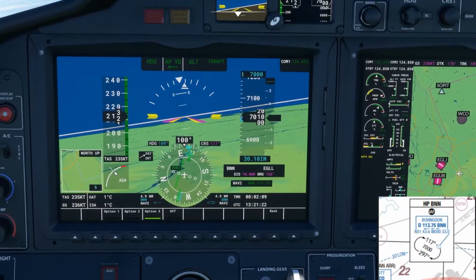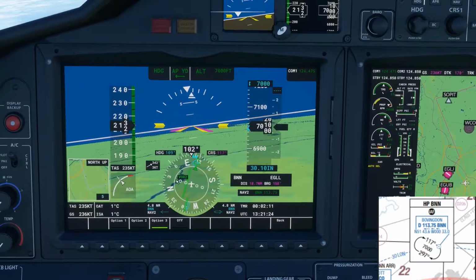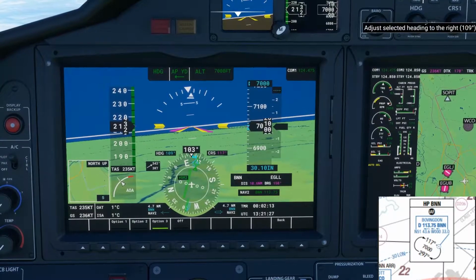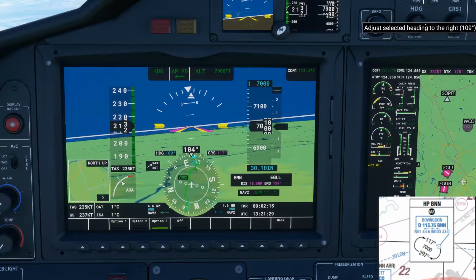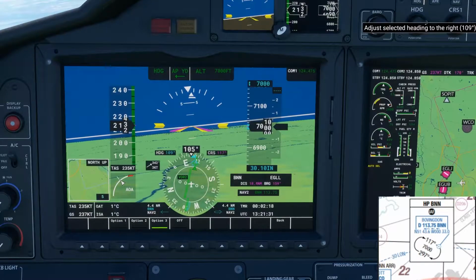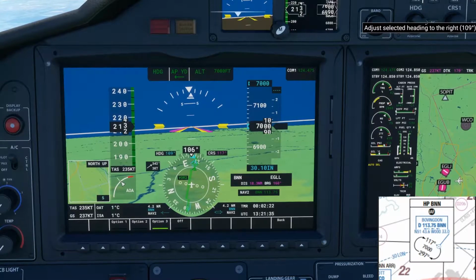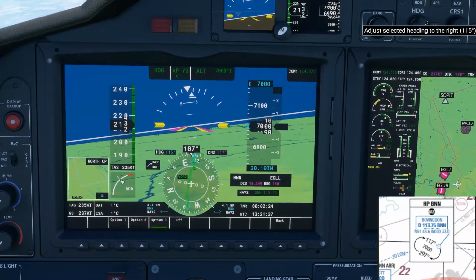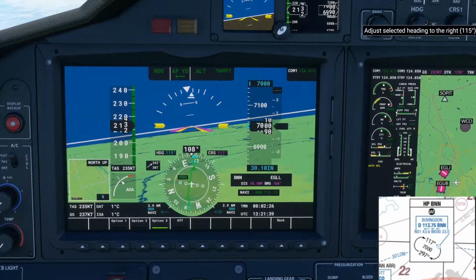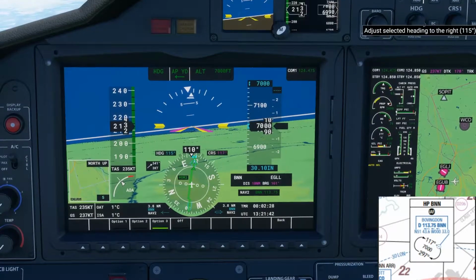I think by the time the autopilot finishes the heading, it'll be time to go back on 117 again. Yeah, so that looks pretty good.